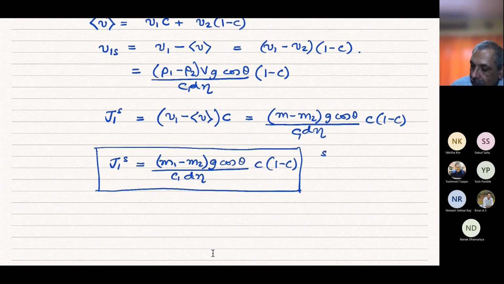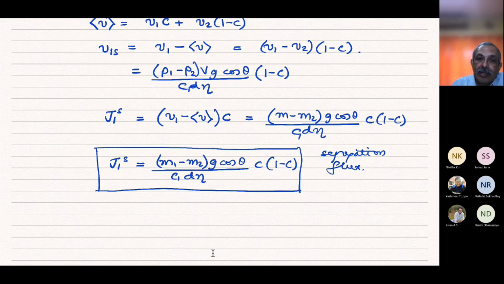So this is the segregation flux. In mass transfer, you're always talking about fluxes. And you can think of this as a diffusion flux. We have talked about diffusion in the previous classes, and that diffusive flux is given by Fick's law. The segregation flux is exactly opposite of the diffusion flux because diffusion tends to mix things, whereas the segregation flux tends to separate things out.